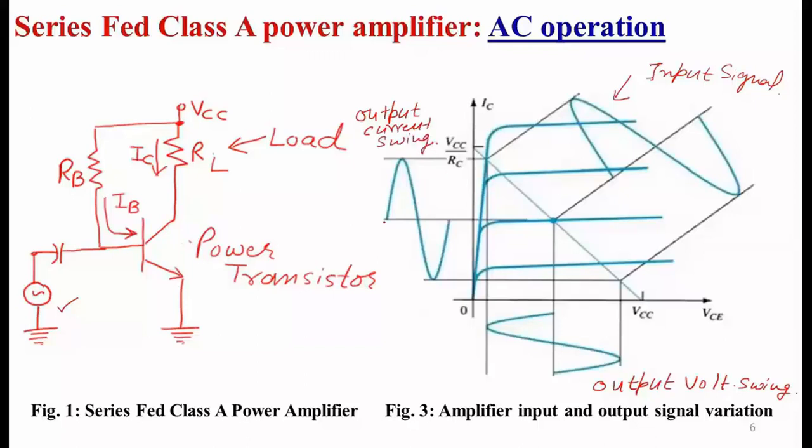When the output varies around its quiescent point, here we get the IC maximum. Here it is the IC minimum value of collector current. Here we get the VCE minimum, and here we get the VCE maximum. Here is the Q point.